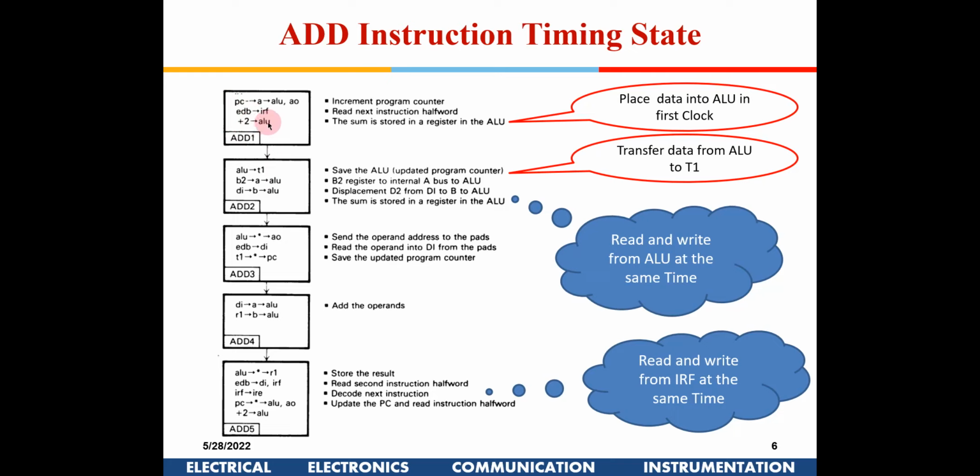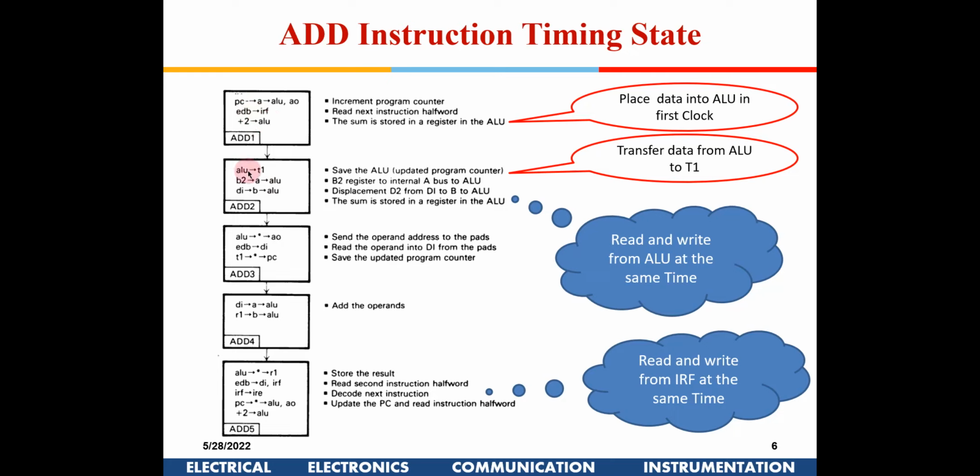Now if you see the timing diagram out here, T1 is a register. So once you place the data in a particular clock cycle to the ALU, T1 can be updated only in the next clock cycle. Initially, when we made the flow charts, we didn't think too much about the timing aspect. We assumed that the moment this operation is completed, data is available in T1.